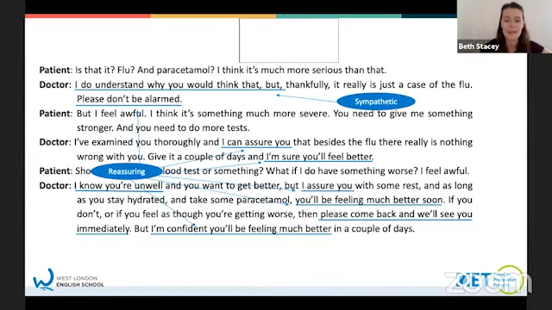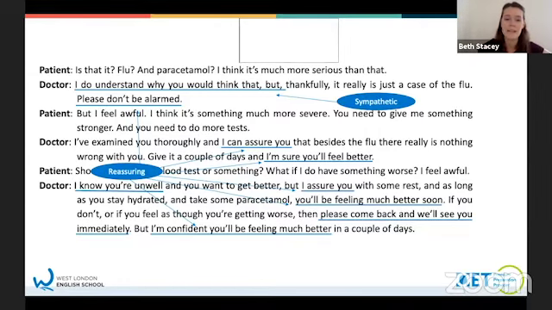So all of this type of language, if you are using it in your test because you need to be reassuring or you're dealing with someone challenging, is all going to help you with the marking criteria, because you need to show that you can sympathize and empathize with the patient. And this person is definitely doing that.